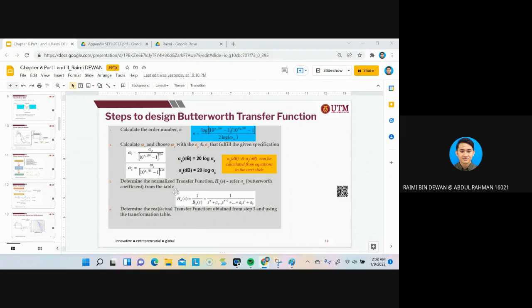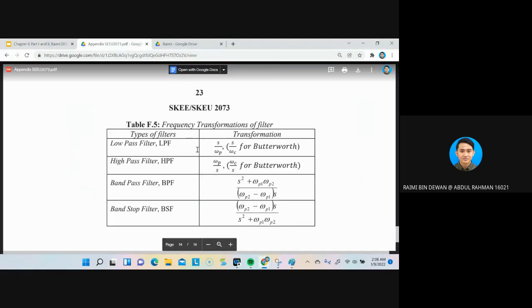You see this one is the normalized transfer function, so we need to denormalize it. You can see it in your appendix.